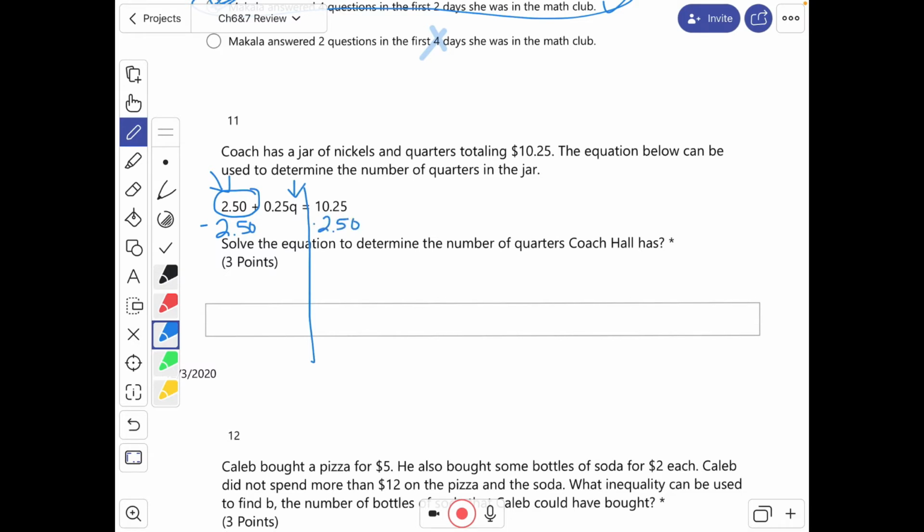So if we subtract $2.50, they'd cancel over here, and I'd have just 0.25 times Q equals $7.75.